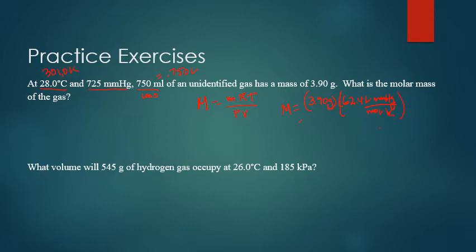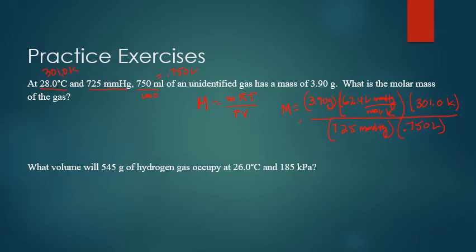And I would have my temperature 301.0 Kelvin. And now we can divide that by 725 millimeters of mercury, and my volume, 0.750 liters.